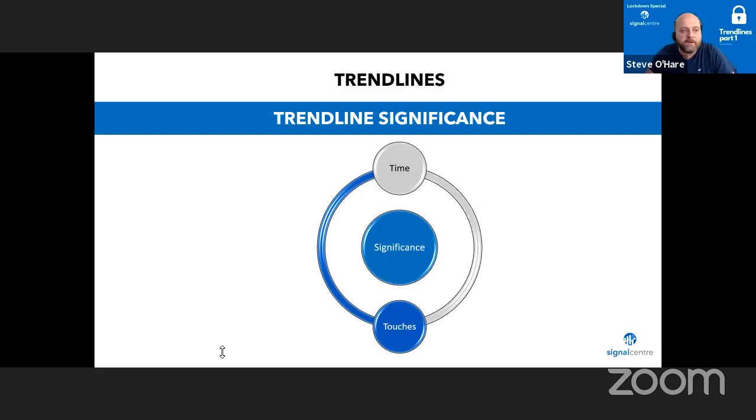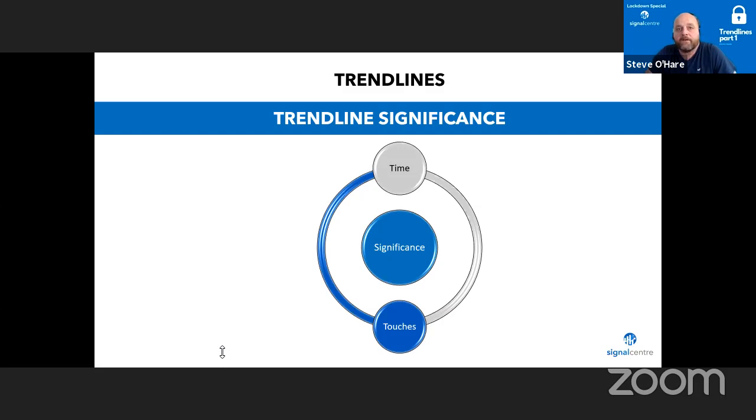Also, the other point to think about when it comes to trend lines is how many touches the trend line has had. As we've said, a tentative trend line is 2 touches, an established trend line is 3. If we get 4, 5, 6, 7 touches, it becomes more and more significant. So it's always good to have a look at charts, even if you're an intraday or short-term trader.